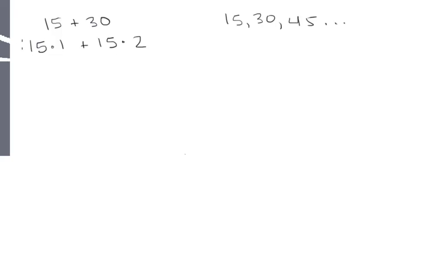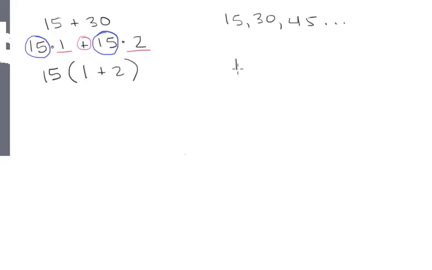Well, I have in both cases this common factor of 15 that I could remove. And then the remaining terms, 1 and 2, notice that this is a plus, I can put in parentheses here.